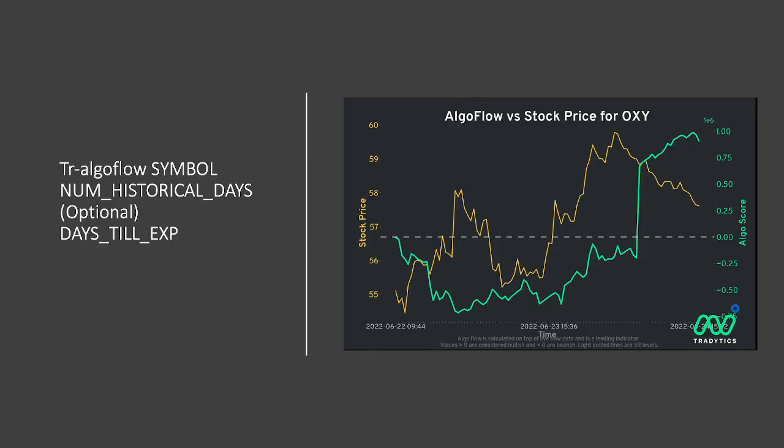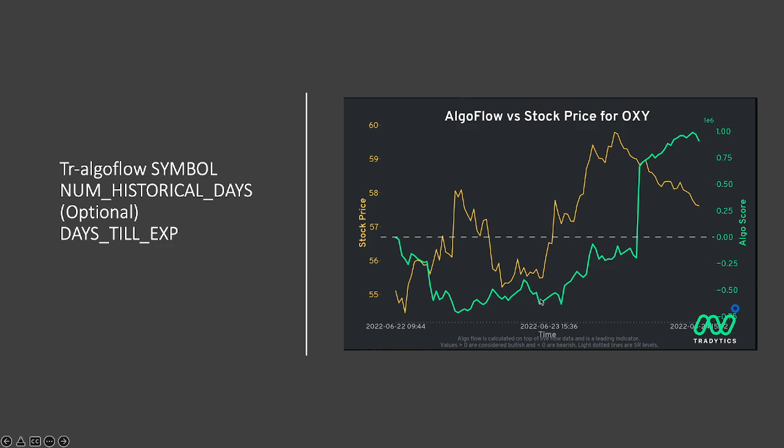So what I like to do is first start with getting more insight into the algo flow. So you can see algo flow shows us the stock price, and then the flow, which is calculated on top of live flow data and is a leading indicator. So that's what I really like about it, it's not a lagging indicator.